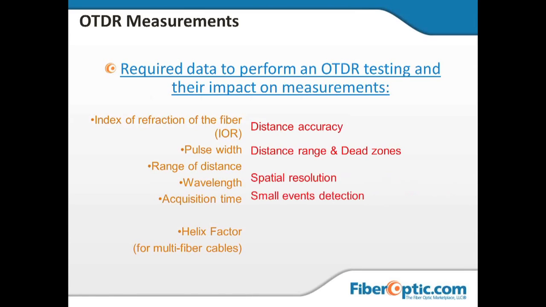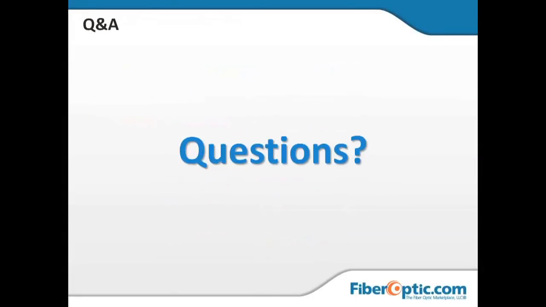Acquisition time and wavelength and pulse width are going to determine how much noise you have at the end of the line and your small events detection capability. And it's also going to have some effect on your event measurement distance accuracy, and then your helix factor is going to certainly play into your distance accuracy when you're looking for sheath footage versus optical footage.